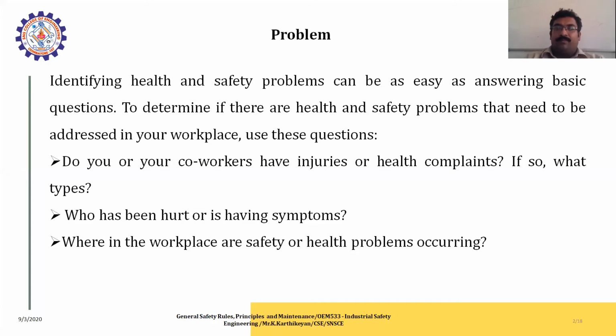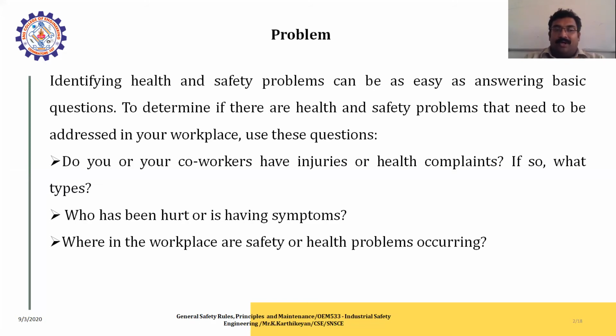So this is a problem. Identifying health and safety problems can be as easy as answering basic questions to determine if there are health and safety problems that need to be addressed in your workplace. So use these questions. We have three questions below, and you can justify your answers.